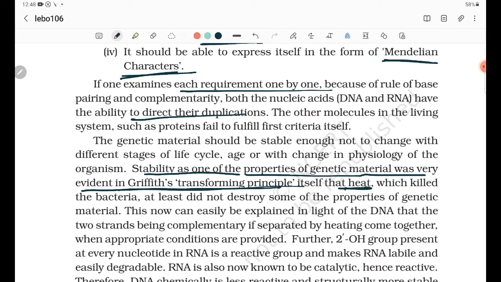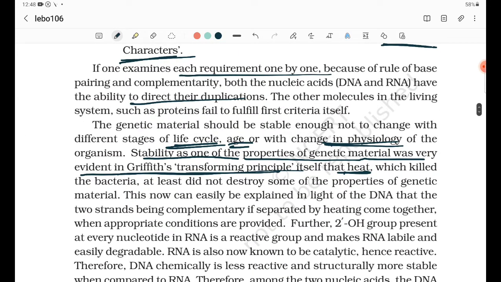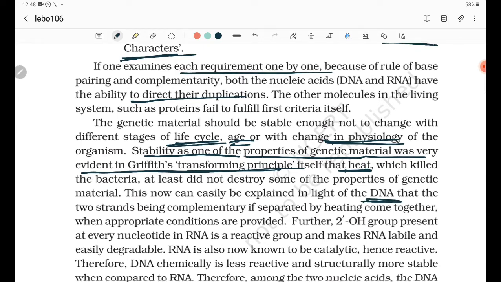From Griffith's transforming principle, we are saying that heat was able to destroy other things but not the DNA. So DNA is a very stable material.